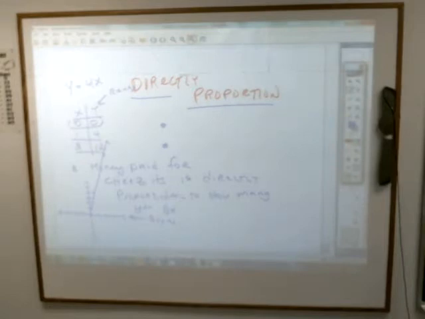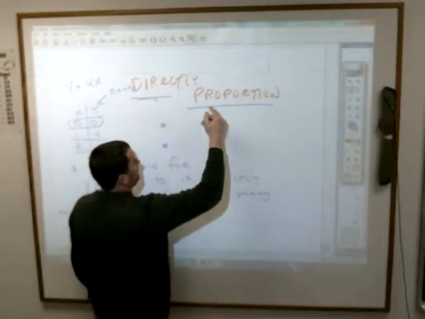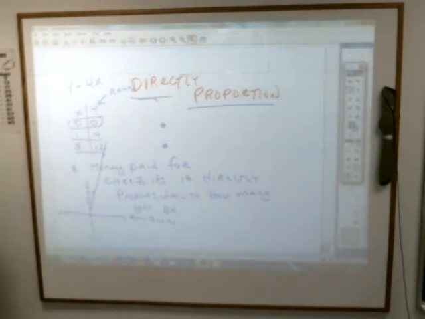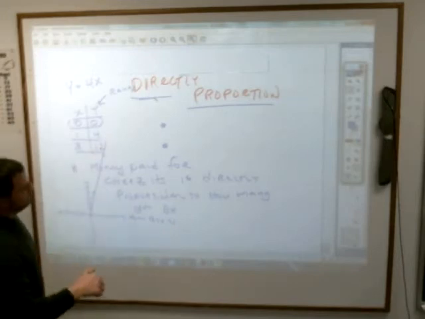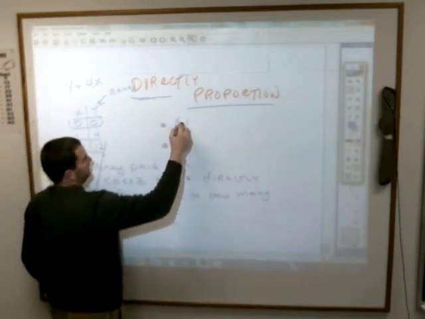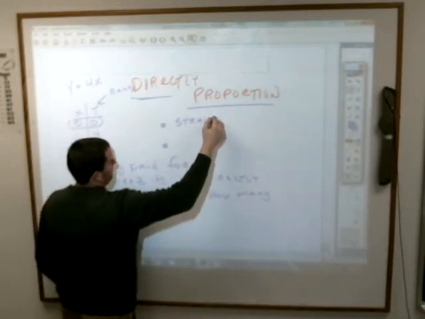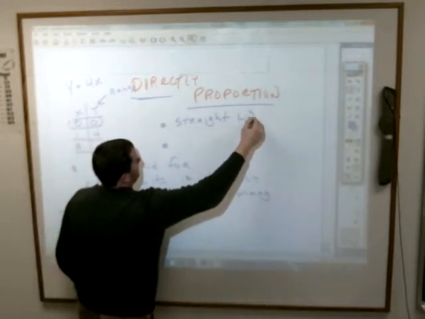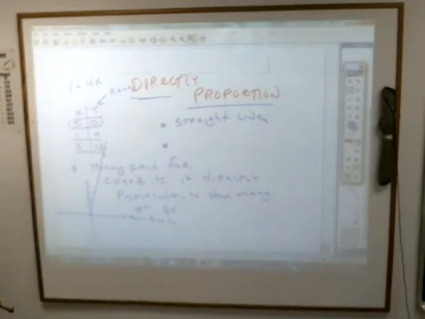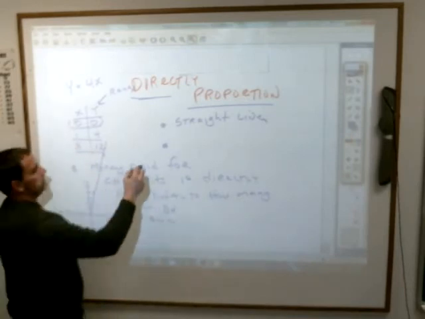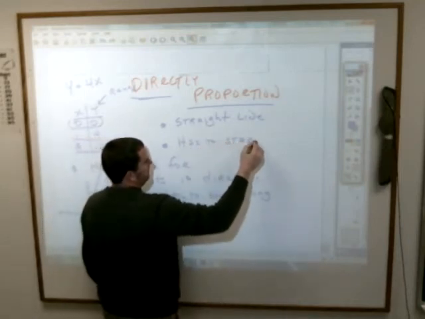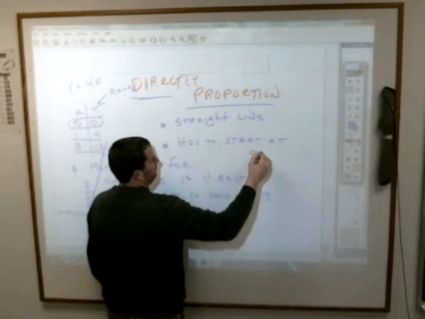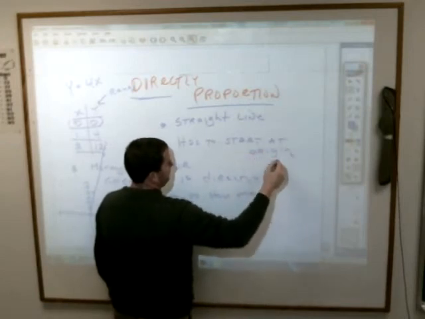Now back to what I'm talking about. In order for something to be directly proportional, 2 things have to happen. What do you notice about this? First of all, it has to be a very good one thing, it has to be a straight line. And the other one, which might not be so obvious, is that it has to start at the origin, which means it has to go through 0, 0.